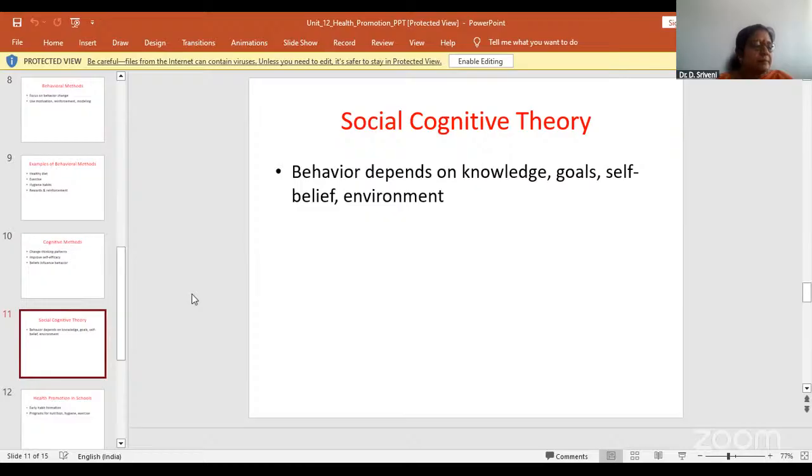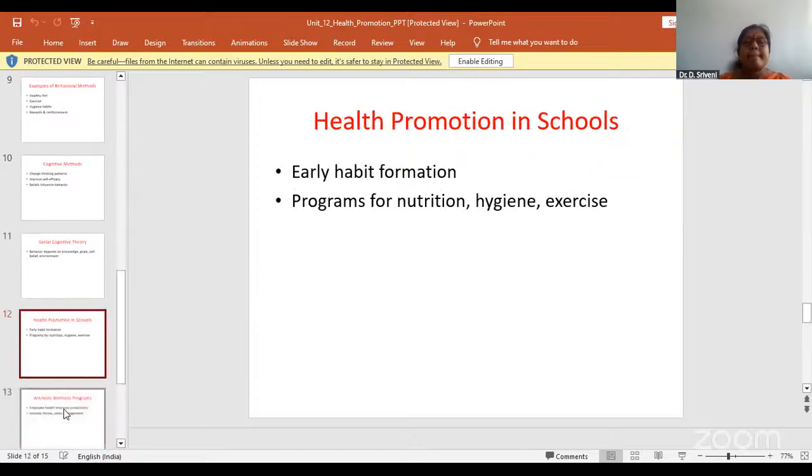Promoting health in schools also is very essential. So schools are considered one of the most powerful and effective settings for developing lifelong healthy behaviors.